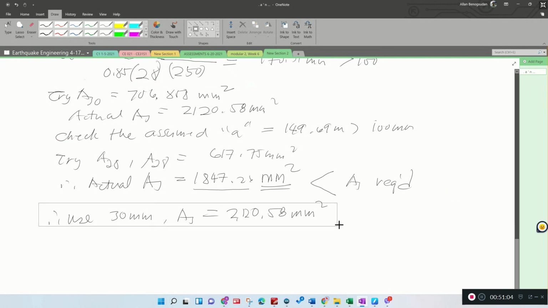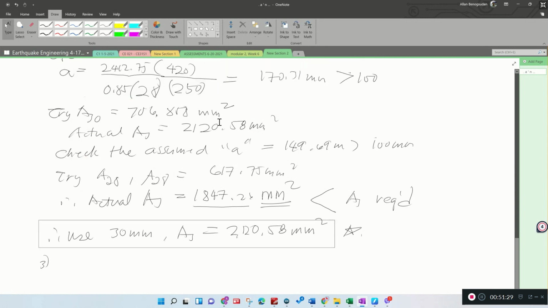Now, when you do that, please box it. Please box that. Now, the next thing that you have to do, it's not enough that you have provided this, but you need to check the moment capacity of this.